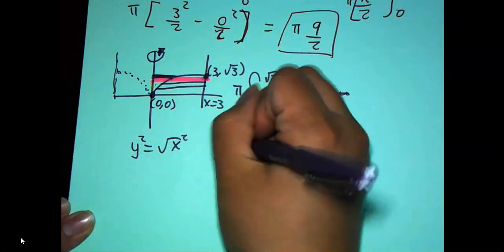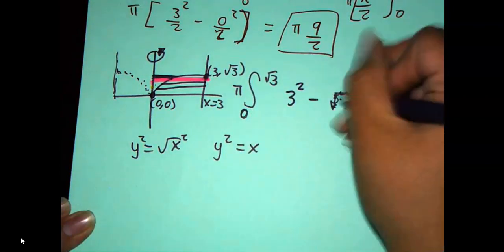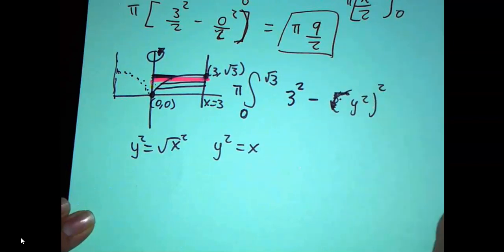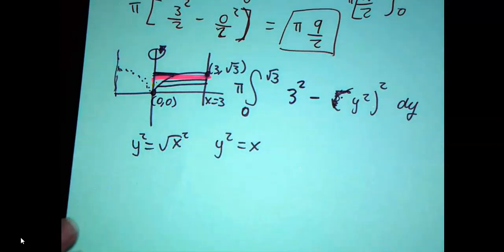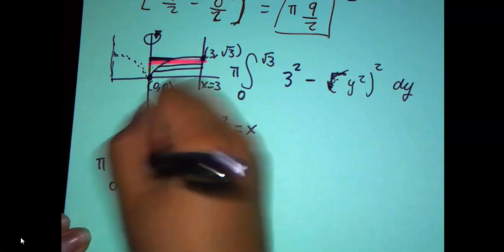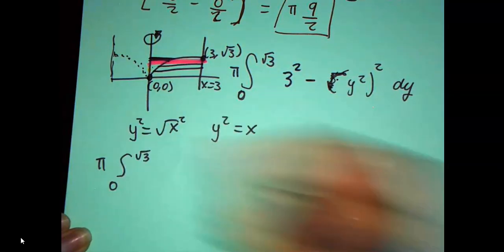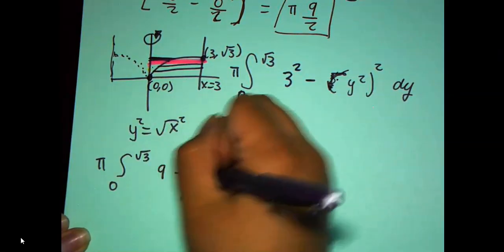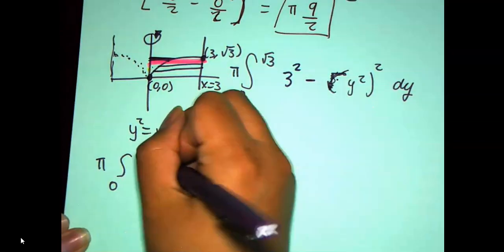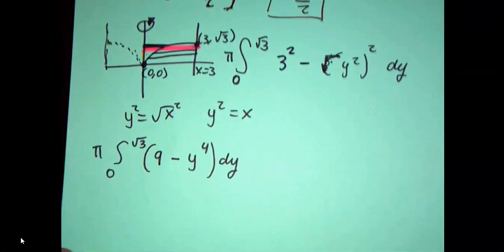So we have y squared equals x. So here, we're going to have y squared squared. And then we have our dy. So in this case, let me rewrite it down here. We have from 0 to square root of 3, 9 minus y to the 4th dy. And that's what we need to integrate.